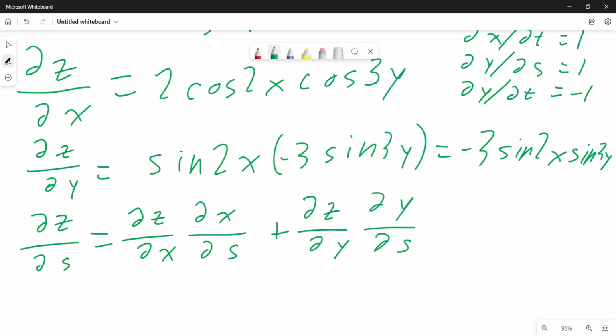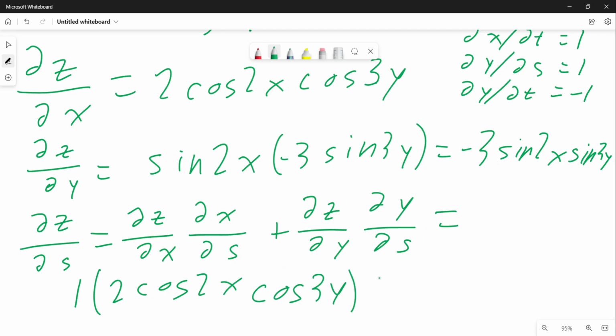T is not involved in this one at all because we're not asked for it. We're just trying to get del z, del s for the moment. So let's put the pieces together. Del x, del s is 1, so we'll get 1 times 2 cosine 2x cosine of 3y. And then del y, del s is also 1, so plus 1 times negative 3 sine 2x sine 3y.